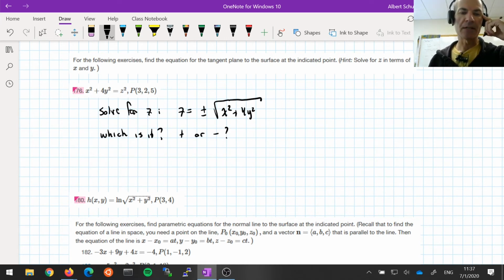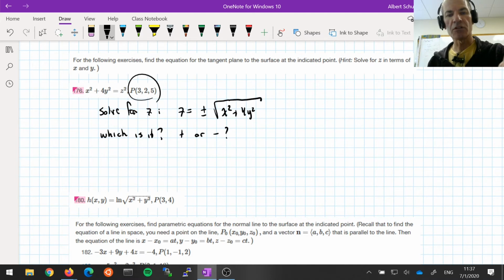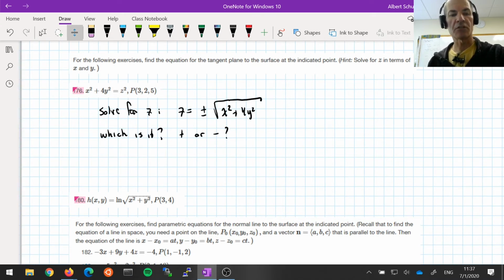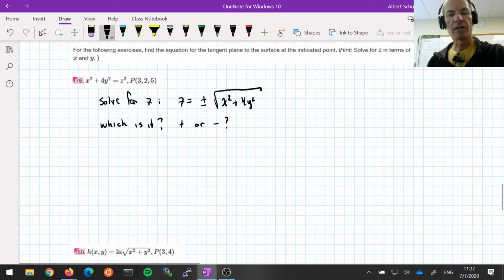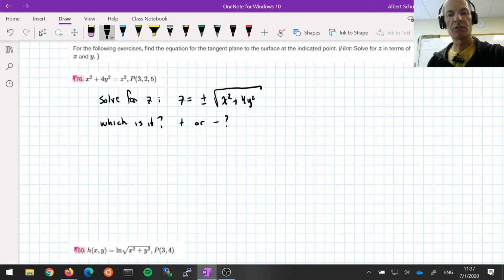How do we answer that question? Let's look at the point that we're interested in. Both of these functions define the surface that this thing defines implicitly. Which one do we want to pick? We want to pick the one that the point lies on, (3, 2, 5).